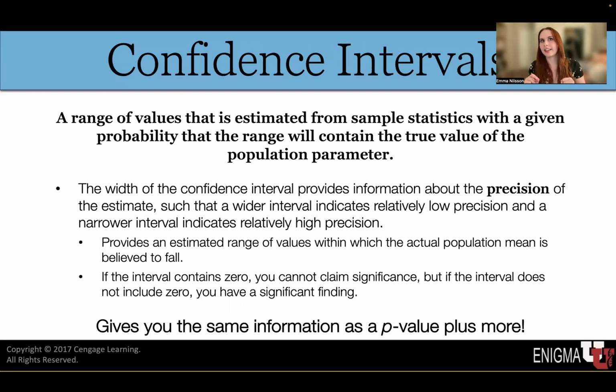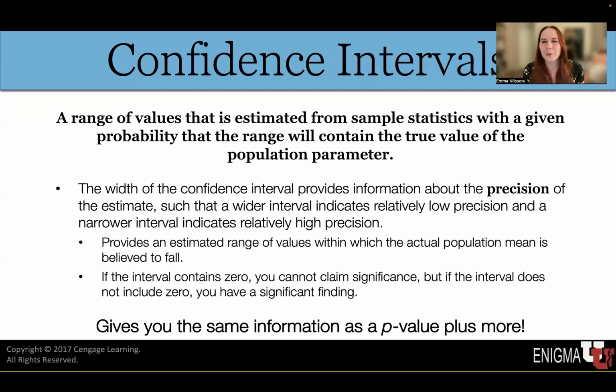For example, let's say from 85 to 95. We're going to say we have a 95% confidence interval from 85 to 95. And what that means is, you can interpret it as we are 95% certain that the true mean of the population falls between 85 and 95, as a hypothetical.